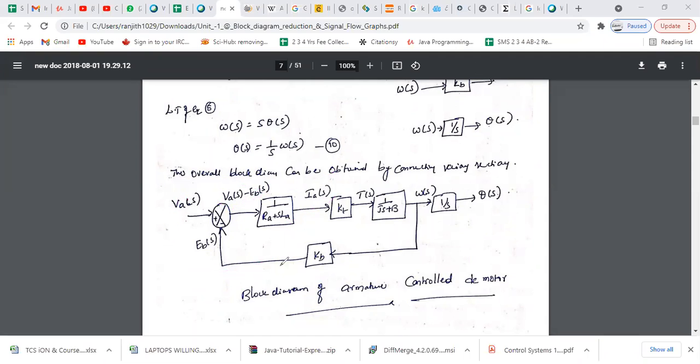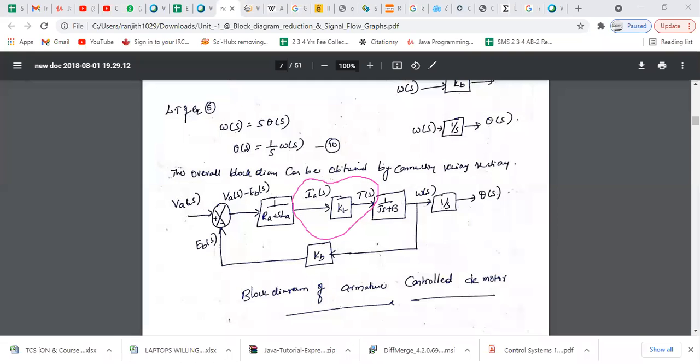Is it clear, all of you? This is the second section. Ia of s, output of the first section, is given as input to the second section. What is the output of the second section? T of s.